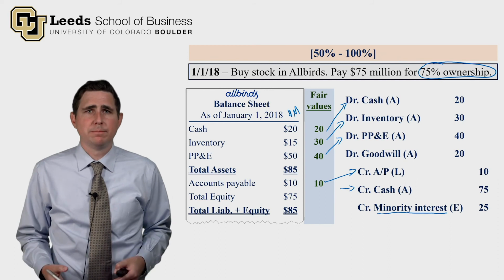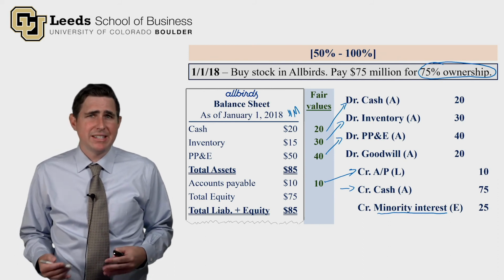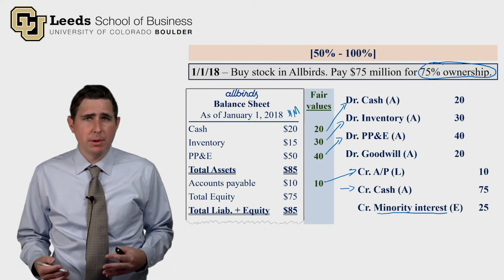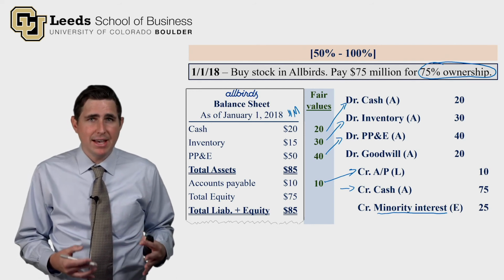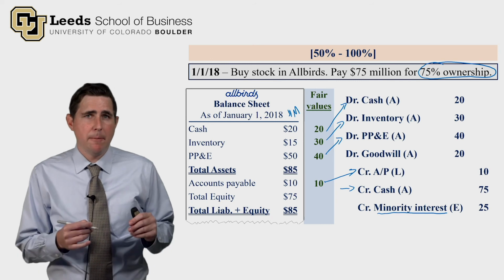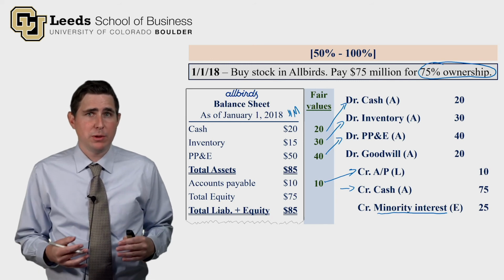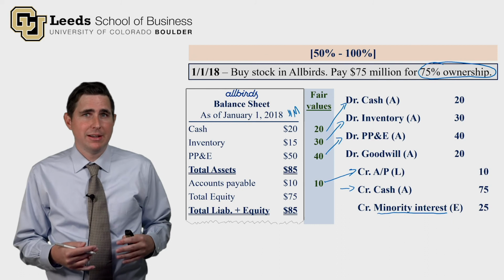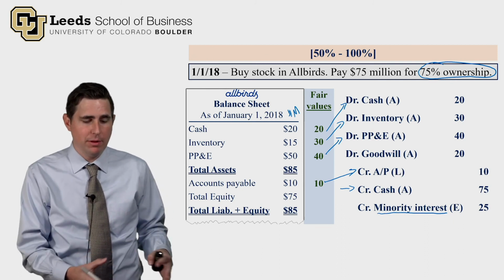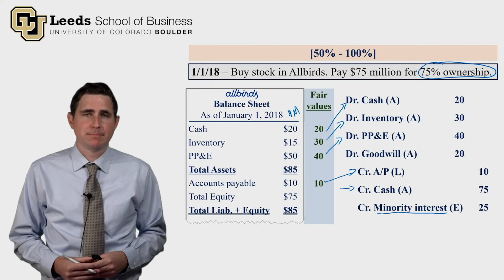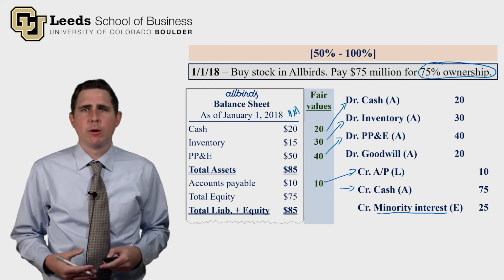That's called goodwill. Goodwill does not necessarily represent overpayment. It just means that we couldn't find any specific assets to label it. We just call it goodwill because we don't know exactly what it is that made us willing to buy Allbirds for more money than the assessed fair value on the balance sheet. So that asset's called goodwill, and we'll talk more about that.